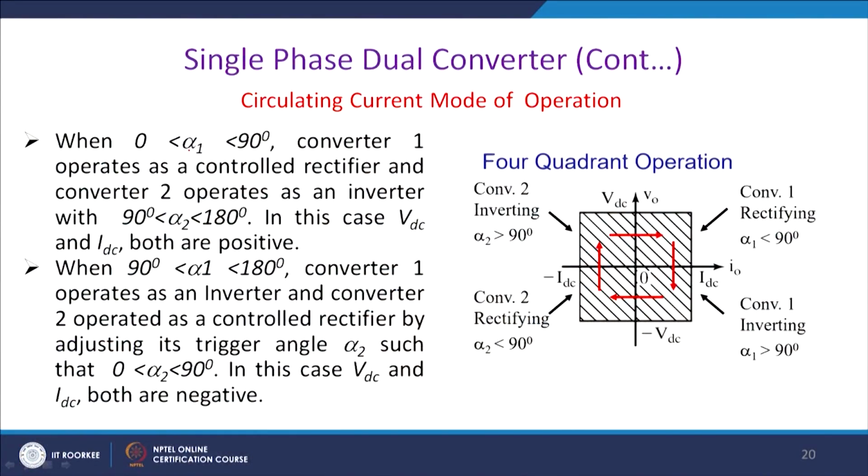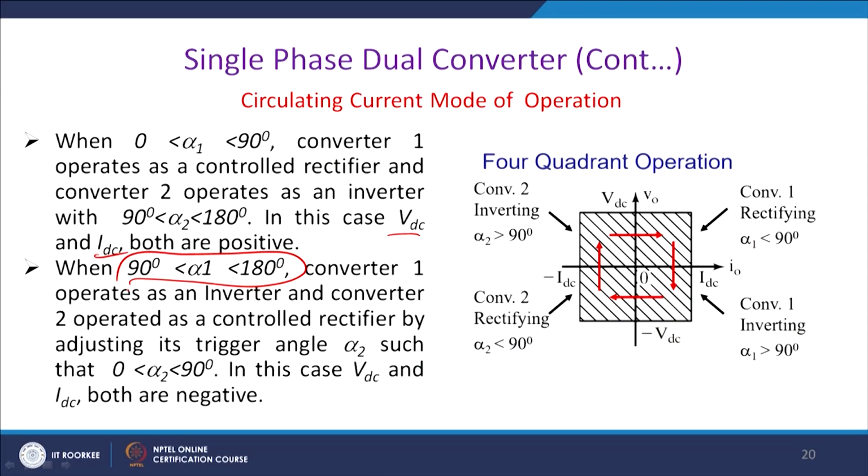So, when alpha 1 is less than 90 degrees, converter 1 operates as a controlled rectifier and converter 2 operates in inverter mode, and in this case VDC and IDC are both positive with the pre-assumed directions.